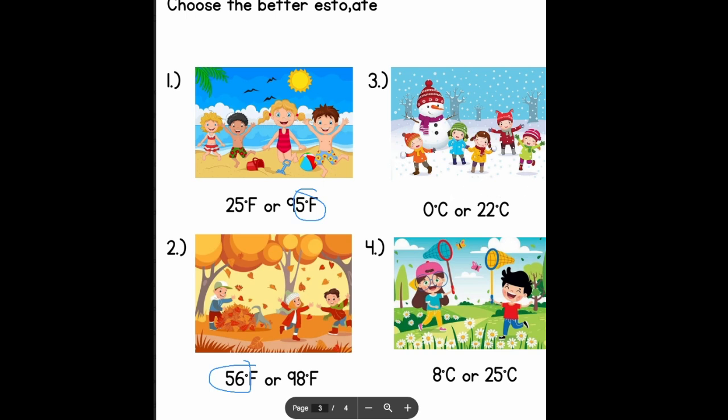0 degrees Celsius or 22 degrees Celsius. Since this is in Celsius, which is a more globally used form of measuring temperature, there's a formula for it, but generally just remember that the same number of degrees in Celsius and Fahrenheit are not equally hot.